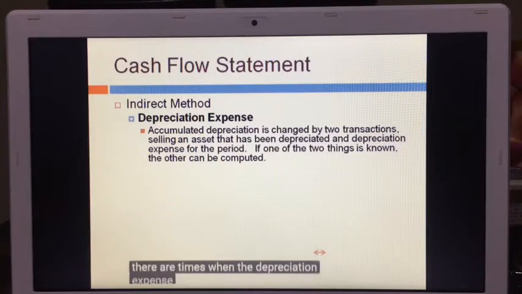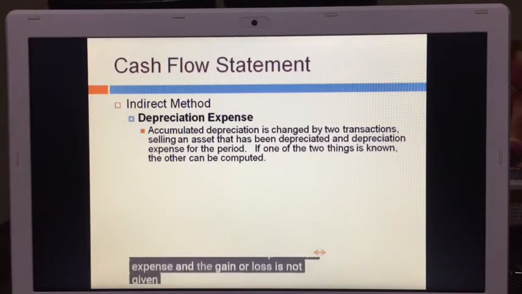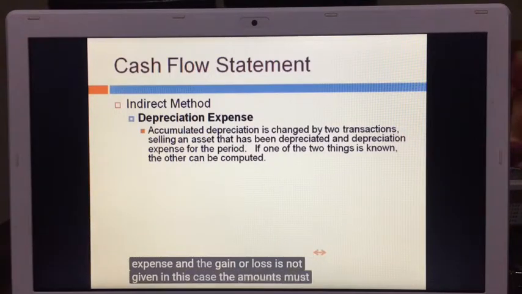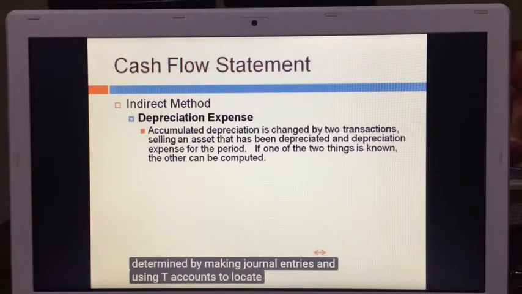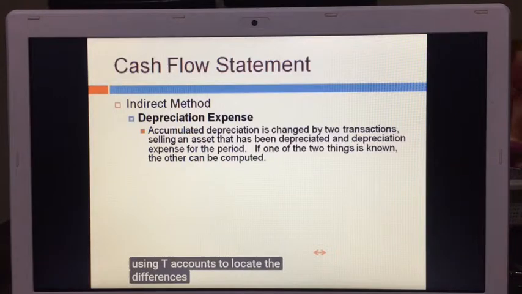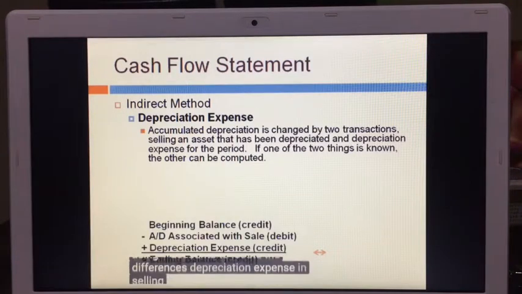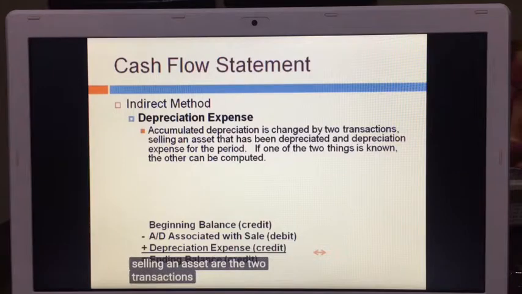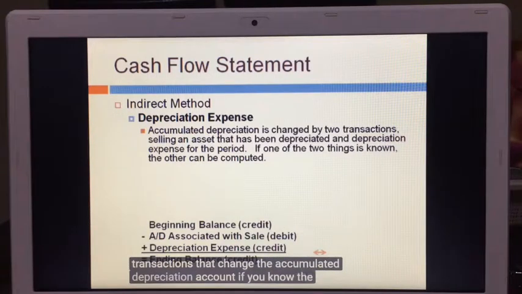There are times when the depreciation expense and the gain or loss are not given. In this case, the amount must be determined by making journal entries and using T accounts to locate the differences. Depreciation expense and selling an asset are the two transactions that change the accumulated depreciation account.